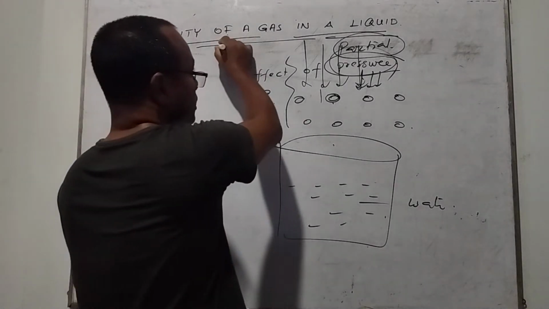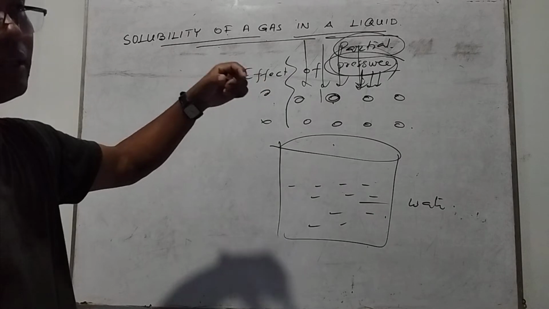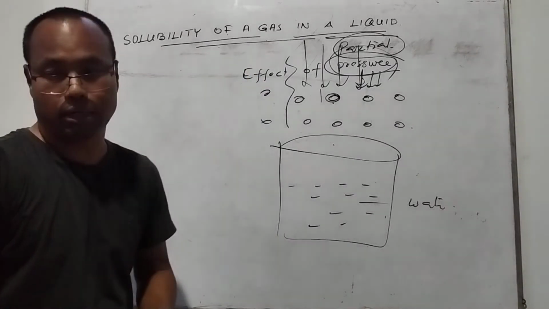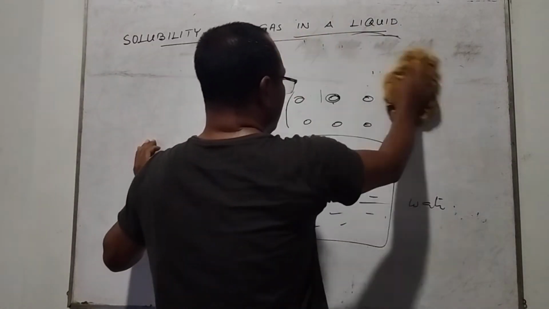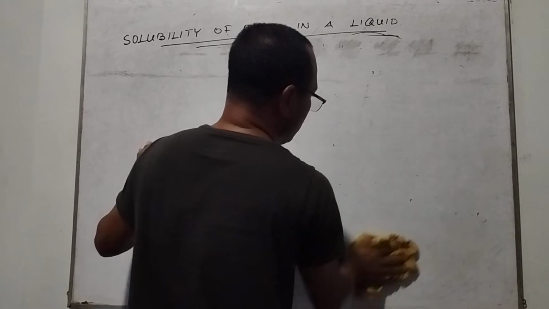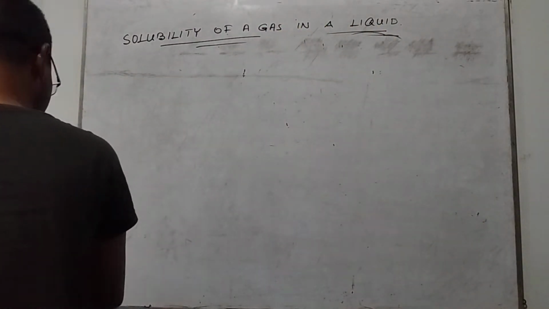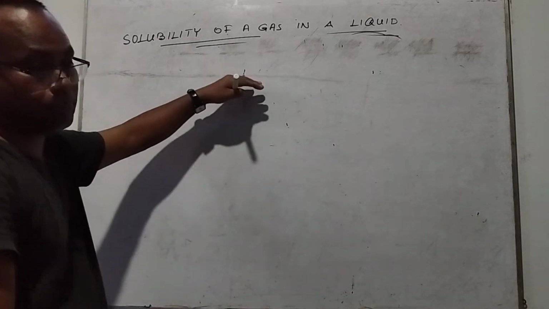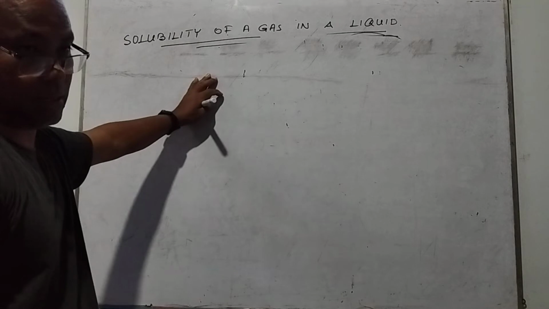That means the solubility of a gas in a liquid is directly proportional to the external atmospheric pressure. That we remember. Now here, how much gas can be soluble? How much gas can dissolve in a particular liquid? That depends on how much pressure we applied on the gas, right?